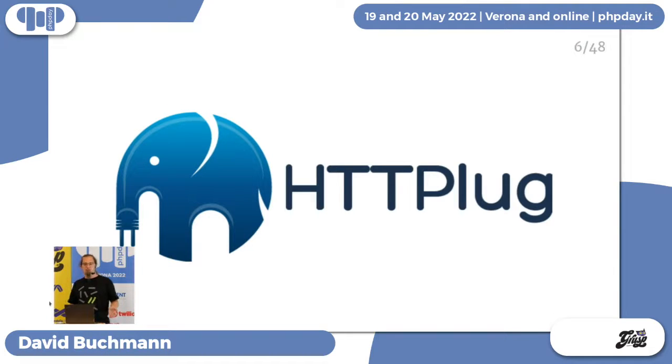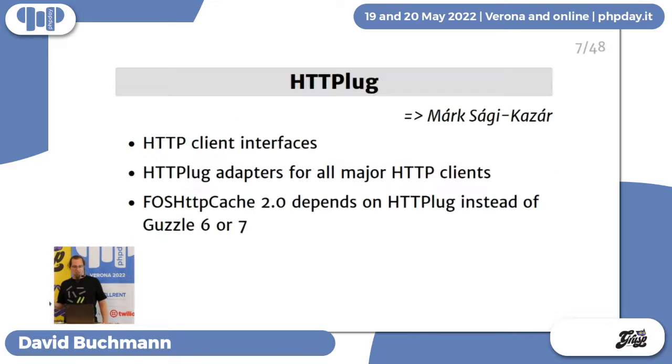But then I came into contact with people who discussed making some sort of interface for HTTP clients. And we came up with the name HTTPlug. Basically what this project does is give you an interface for how you would send a request and get back a response.